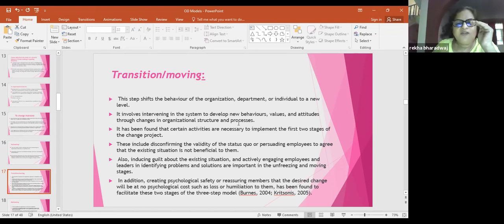It involves intervening in the system to develop new behaviors, new values, and attitudes through changes in organizational structure and processes, right? It has been found that certain activities are necessary to implement the first two stages of the change project.